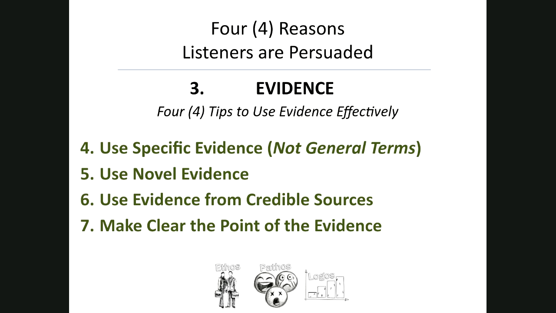These are the 4 tips to use evidence effectively. Number 1, use specific evidence, not general terms. Number 2, use novel evidence. Number 3, use evidence from credible sources. And number 4, make clear the point of your evidence.